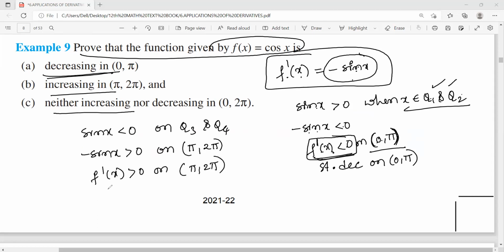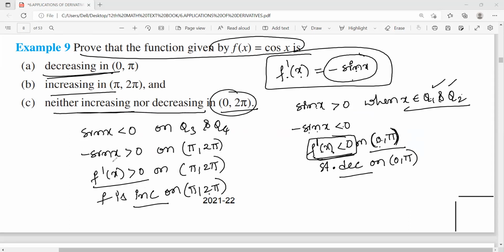Therefore, when f dash of x is greater than 0, f is increasing on pi to 2 pi. So from 0 to 2 pi, it is decreasing here and then increasing here. That means 0 to 2 pi, it is neither increasing nor decreasing. So that's the application.